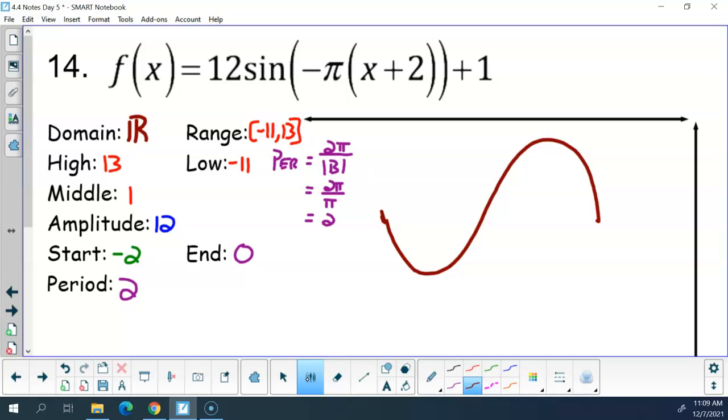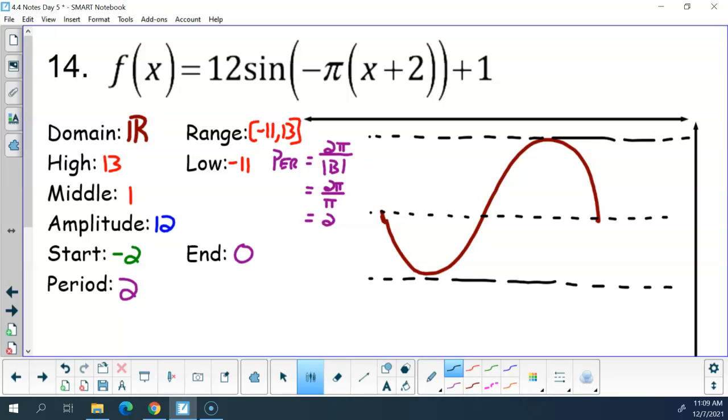Okay? So that we've got there, there, and there. Okay? So we started at negative 2 and we ended at 0.